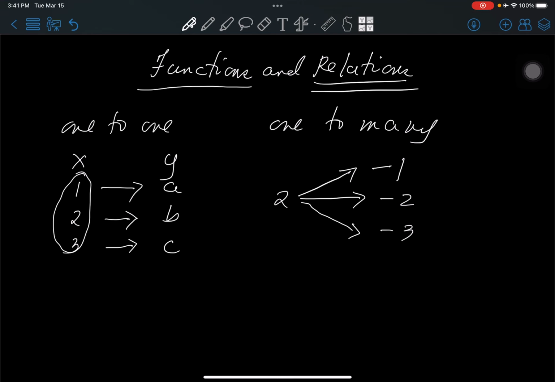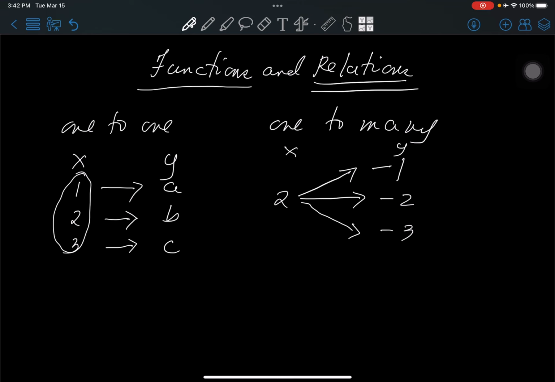This is one-to-many correspondence because there is one value for x, however, there are so many values for y. So from the name alone, one-to-many relationship, there is one value of x, however, there are different values of outputs from one main input.